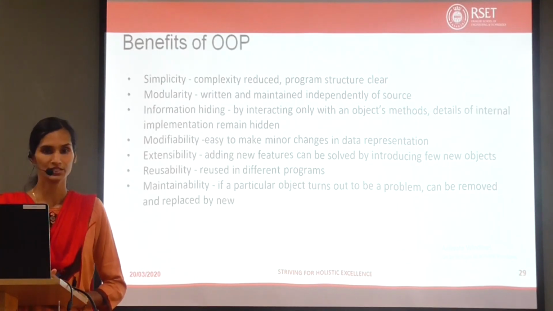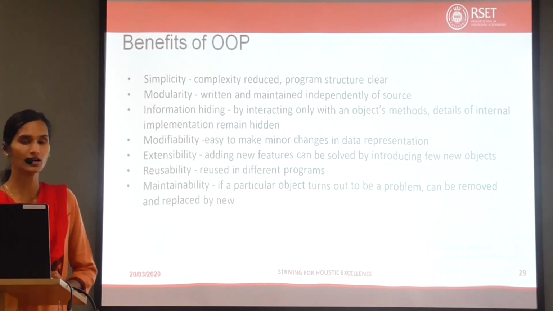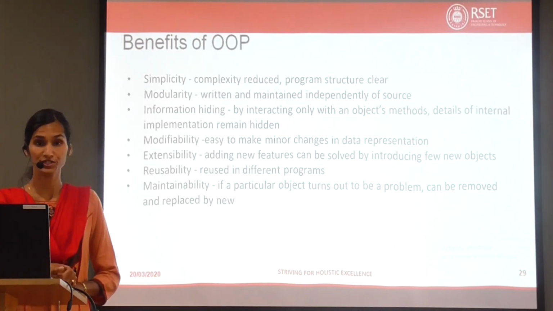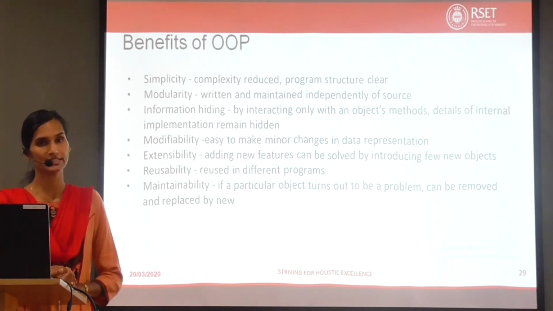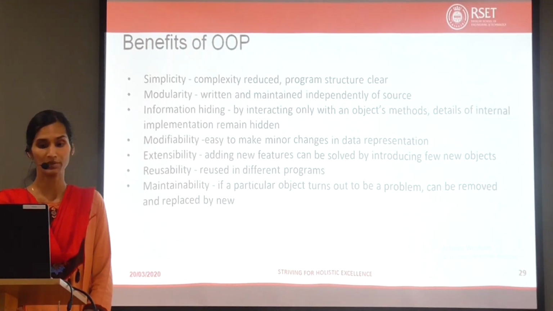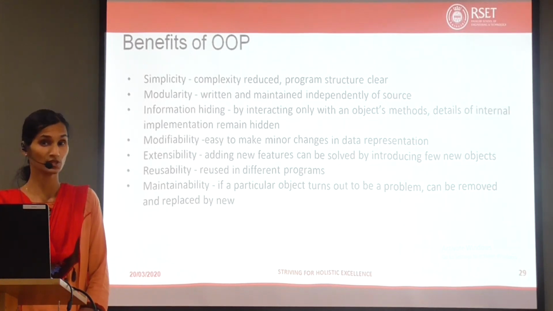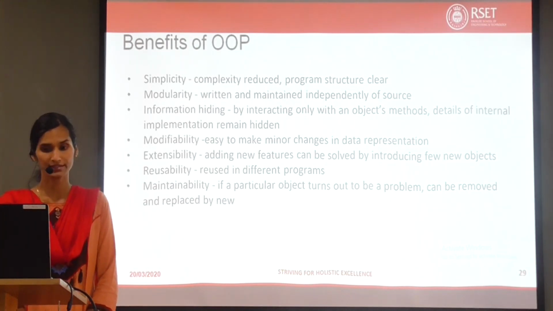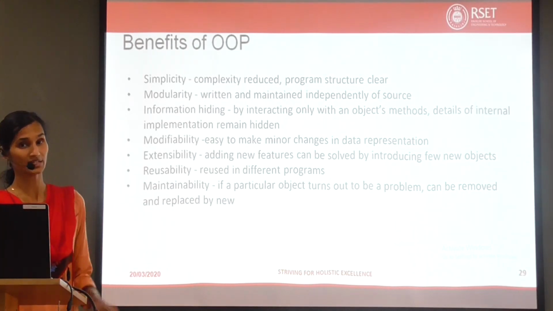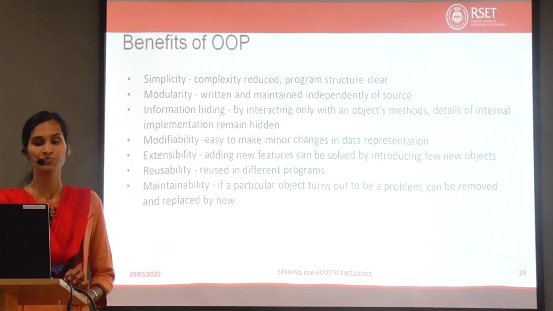Now I will end this session by simply listing out the benefits of object-oriented programming. We have already seen that classes and objects give the great property of simplicity, that is, the complexity is reduced because the program structure is very clear using these classes and objects. Modularity, that is, it can be written independently of the source.